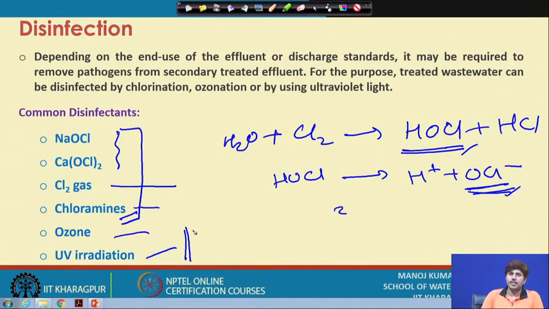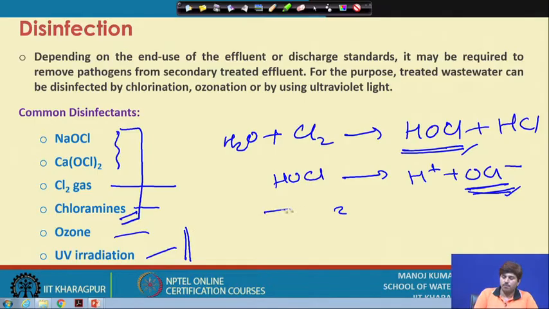Chlorine has a risk, particularly in the wastewater system, because if the complete removal of the organics has not been ensured, there is a possibility of forming disinfection byproducts, DBPs, which could have a potential toxic impact. That is one of the issues with chlorine.